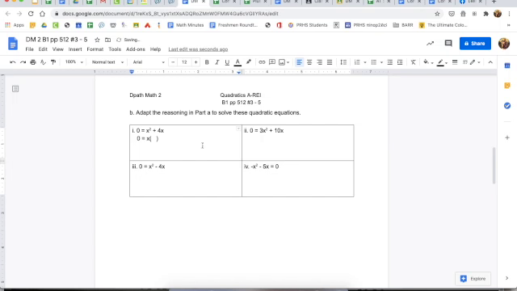So the x is what I'm going to factor out. When I factor x out of x squared, what I'm left with is x, the other x. And when I factor x out of 4x, what I'm left with is the 4.